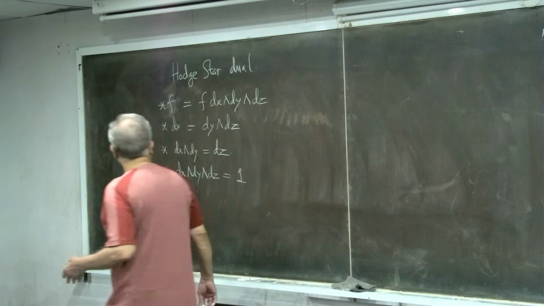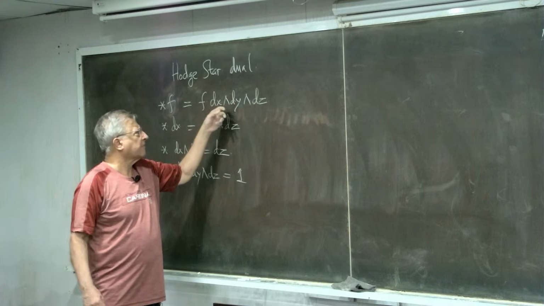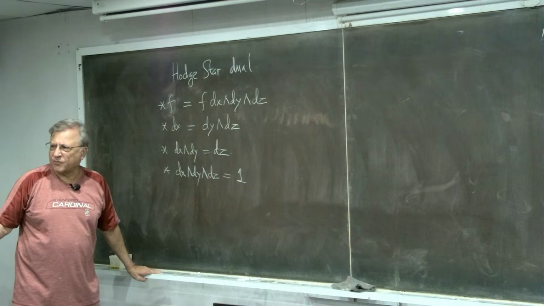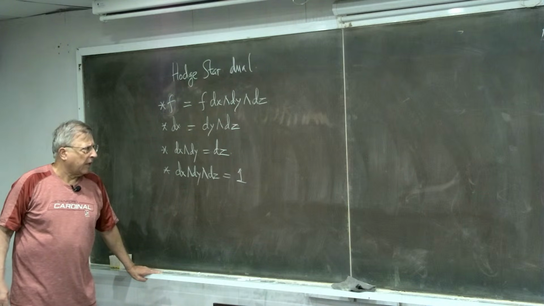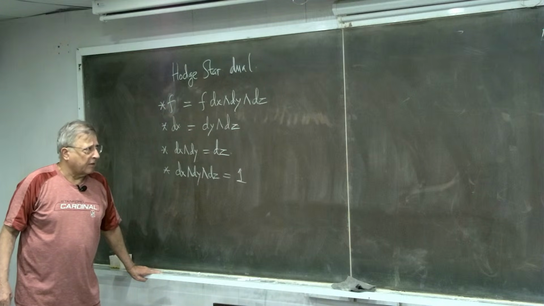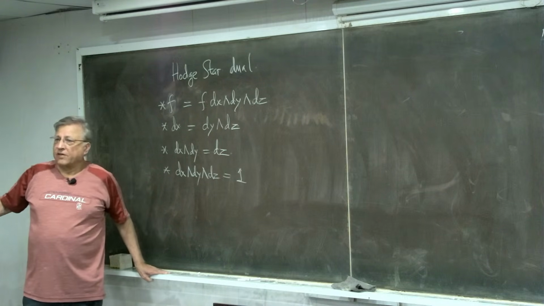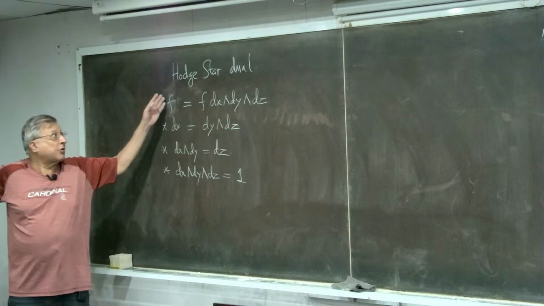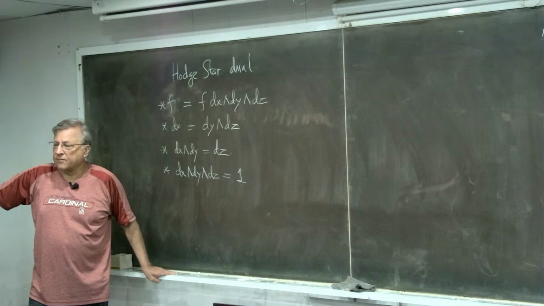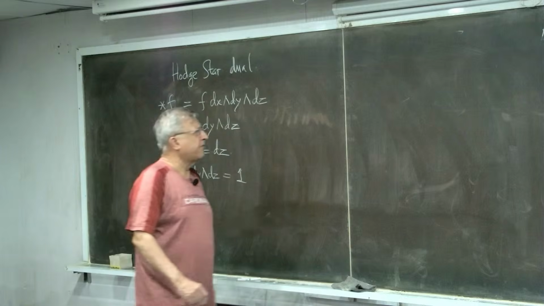What will happen in 4 dimensions? Well, I have dt as well. So in general, you will write dx mu, dx nu, etc. Okay, so with any form that you have, you will have a dual. You will have a Hodge-star dual, and then it's a matter of working out that dual. What did we have for f?